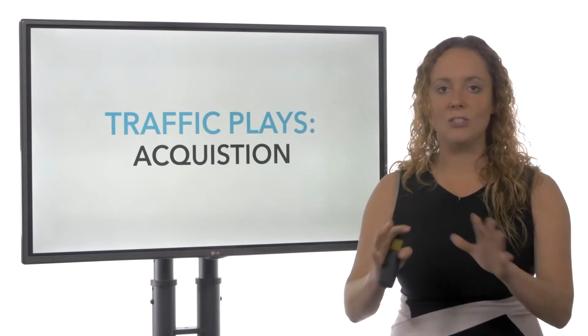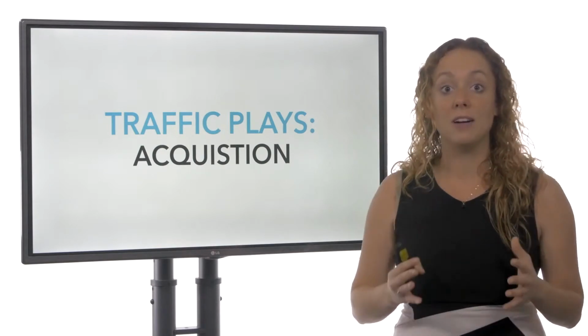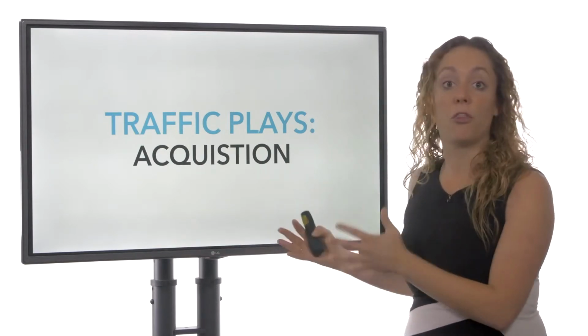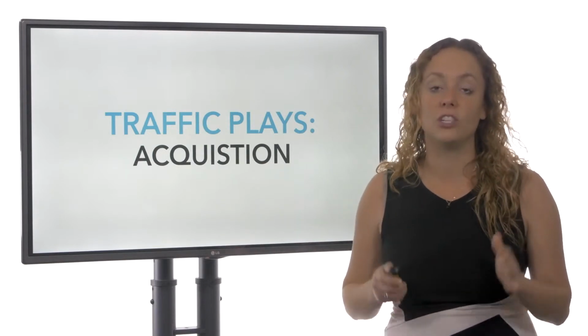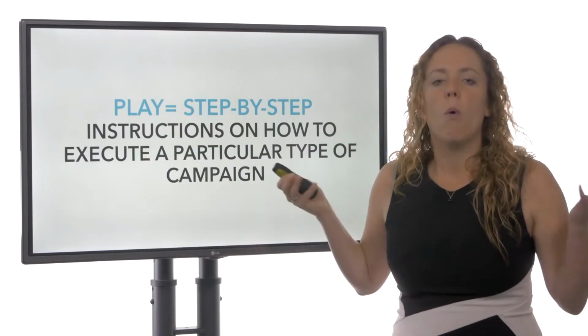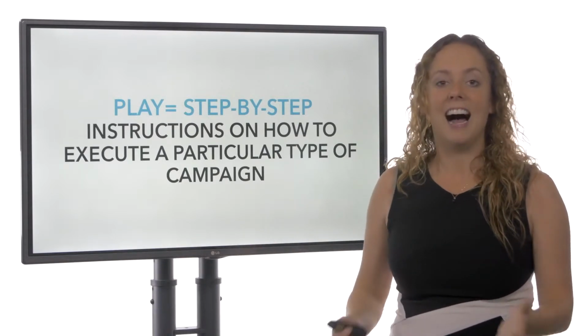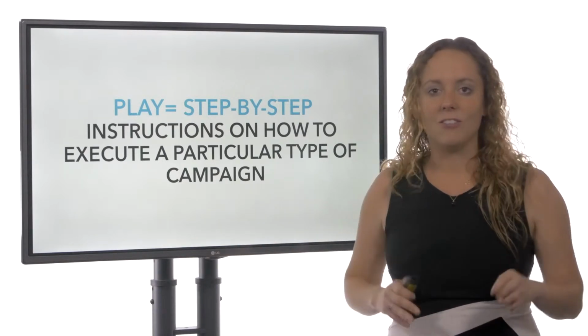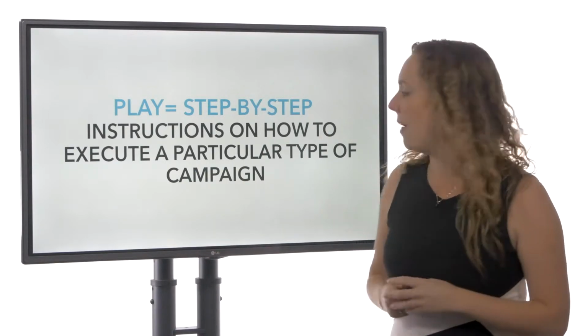So just to reframe how this course is going to go and welcome you again to Module 3. Again, this is where you are going to get your acquisition traffic plays. Now, what is a traffic play, right? You're probably wondering, especially if you didn't read the sales page totally through before you bought the product.